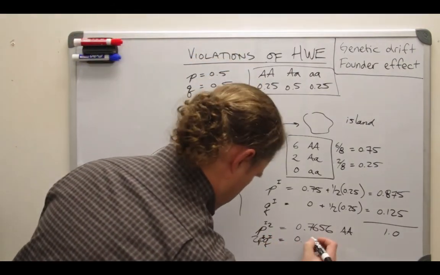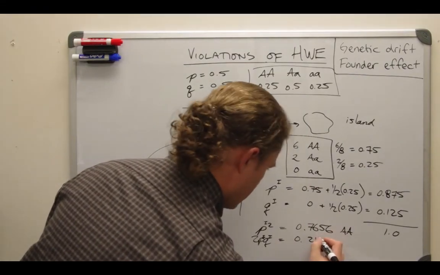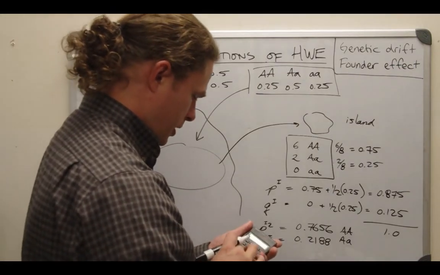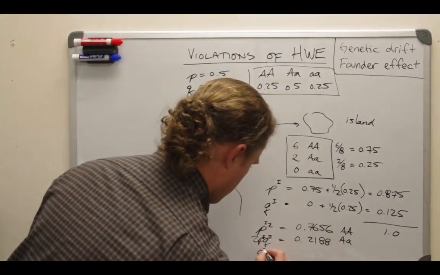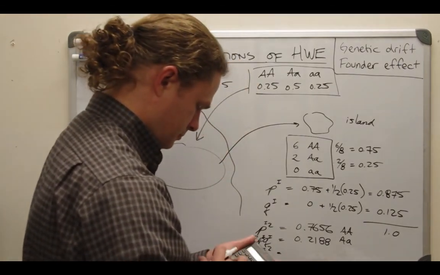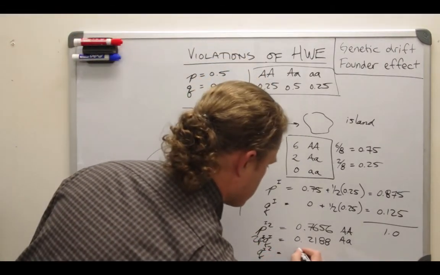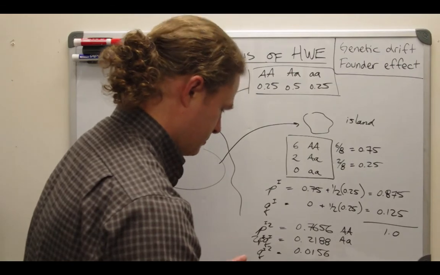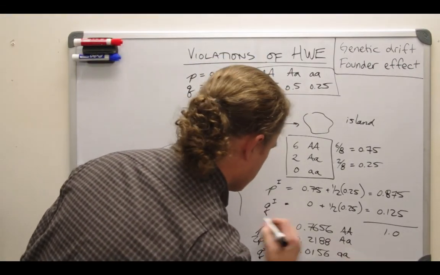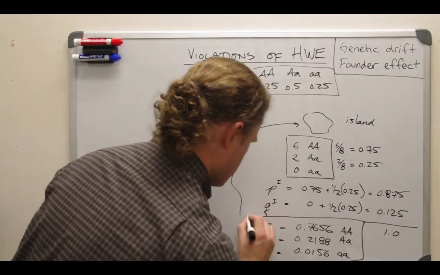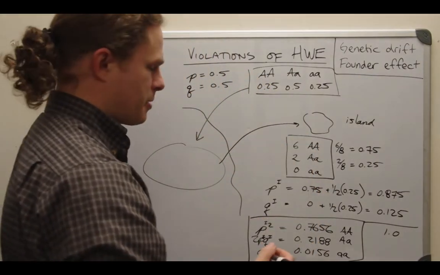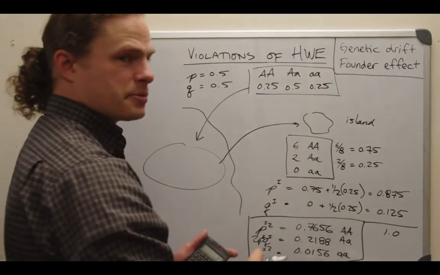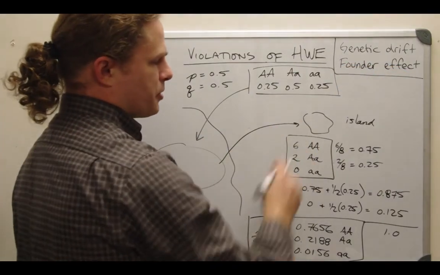So this will be approximately 0.2188 that are heterozygous. And then we would expect Q squared for the island, which is 0.125 squared. So we would see 0.0156 approximately on the island that are homozygous recessives. So this would be the new genotype frequencies, assuming that Hardy-Weinberg equilibrium conditions are met on the island. And that is markedly different than what we saw on the mainland due to this non-random sampling, or the founder effect, that produced this new population.